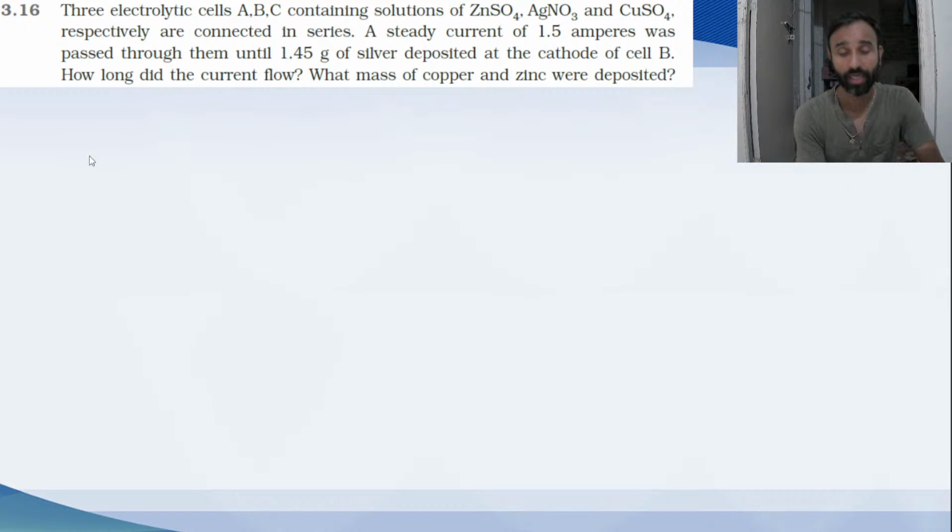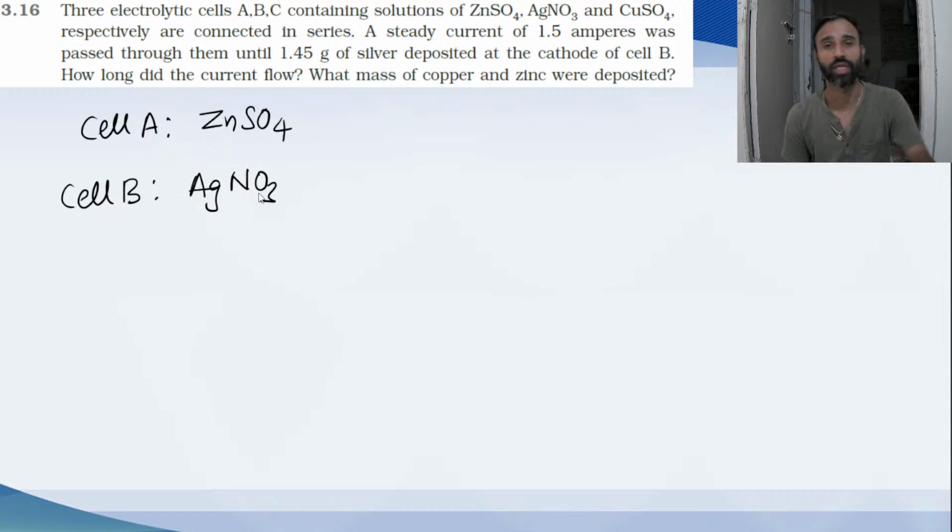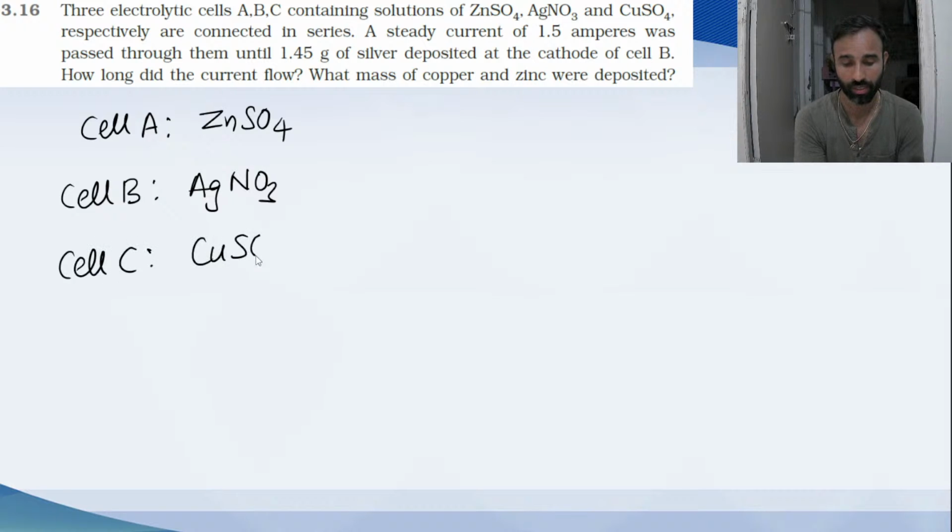We have 3 cells. In cell A the solution is zinc sulfate. In cell B, silver nitrate solution is there. And in cell C, there is copper sulfate solution. And these 3 cells are connected in series.